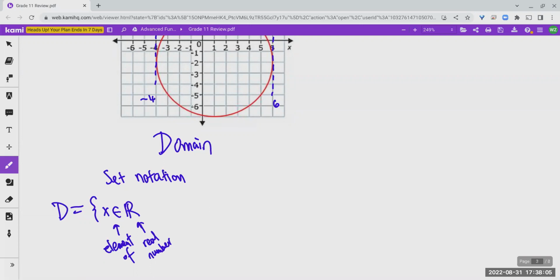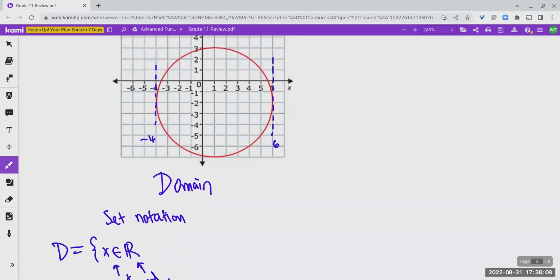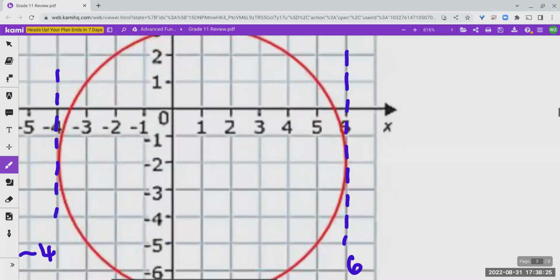But in this case, if you look at the graph, it's a circle. There is no break in the circle. So x can be any number between -4 and 6, even the decimals. Can x be 1? Of course it can. Can x be 2? Yeah. Between 1 and 2, right here, there are infinite numbers. 1.1, 1.2, well, you can have 1.11, you can have 1.12, 1.187.